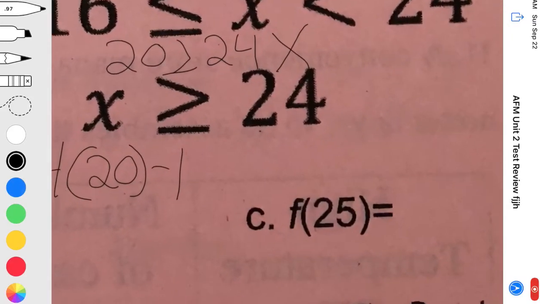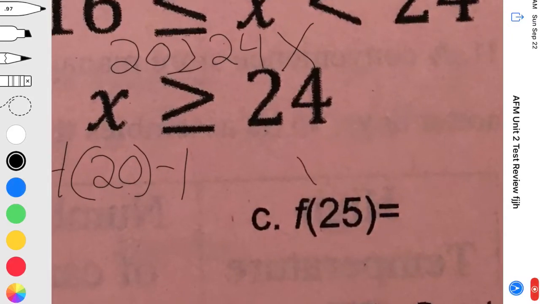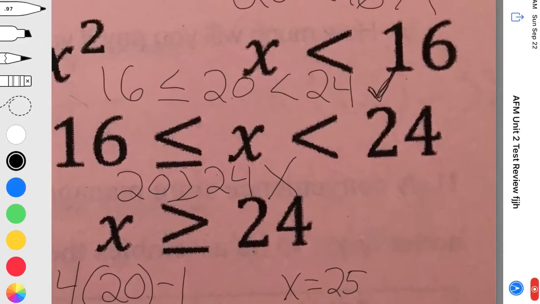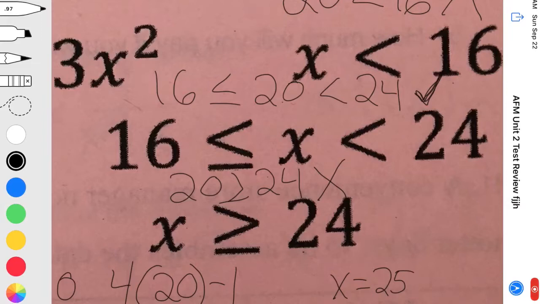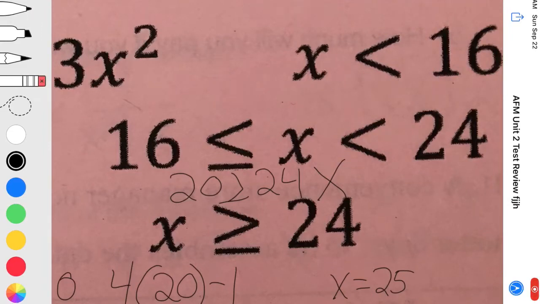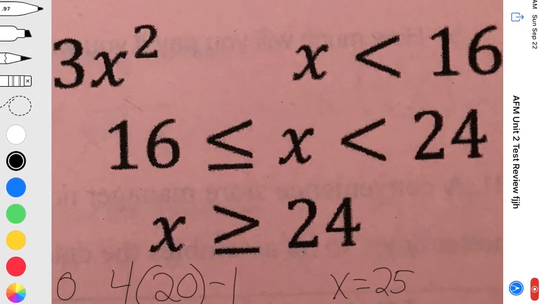And then lastly, we have C. C is telling us our x equals 25. So we're going to come back to our restrictions. So we're asking ourselves, is 25 less than 16?